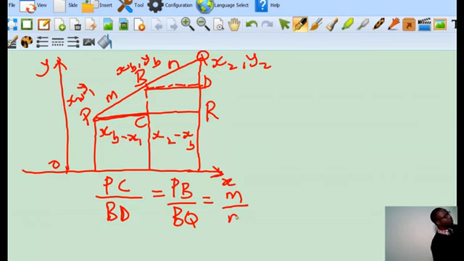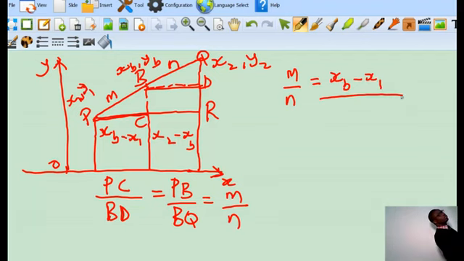Now with this, you can say m over n equals xb minus x1 all over x2 minus xb.